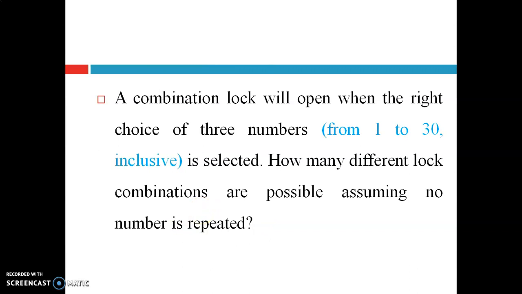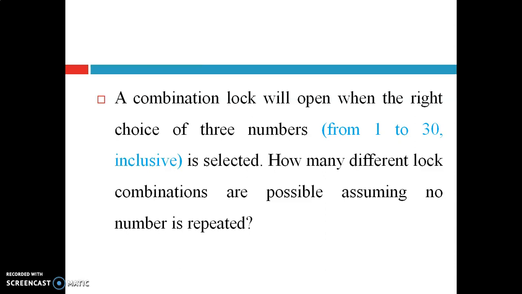Next example: a combination lock will open when the right choice of 3 numbers from 1 to 30 inclusive is selected. How many different lock combinations are possible, assuming no number is repeated? In this case the numbers 1 to 30 are given, so n is 30.